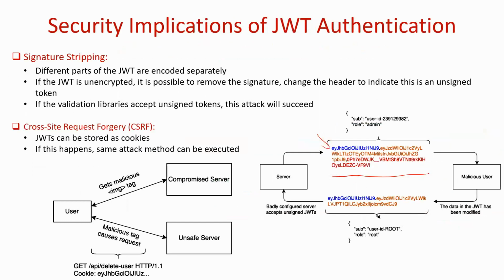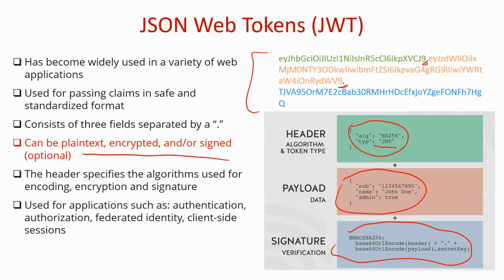But what if the attacker takes the signature, throws it away, and then changes the header to specify that the token is not signed at all, to say instead of HS256 to say none. Okay, meaning that there will be no signature.